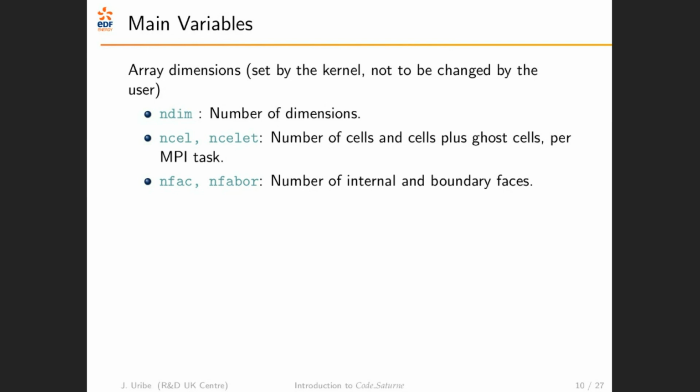But ncel is the amount of cells that are in that particular rank. Ncelet is those cells plus the ghost cells, which are used to communicate between the domains. So the ghost cells are cells that are duplicated to make sure that both partitions can exchange the same values.